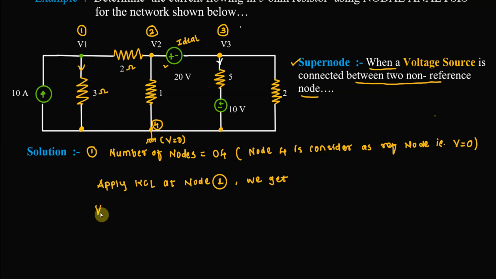So it is simply V1 upon 3, plus the second one. The voltage is V1 and V2 because this 2 ohm is connected between node 1 and node 2, so the difference will be V1 minus V2 divided by the resistance 2, and this should be equal to the total current.